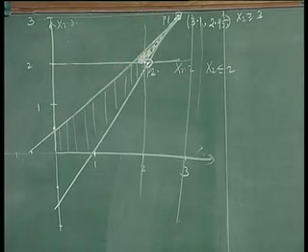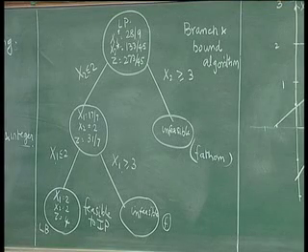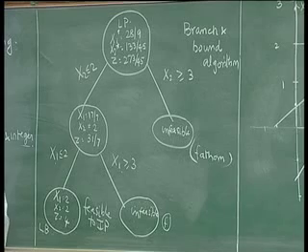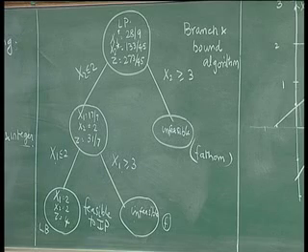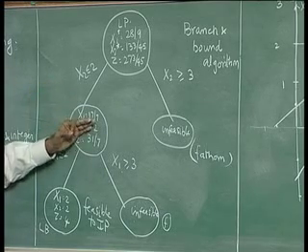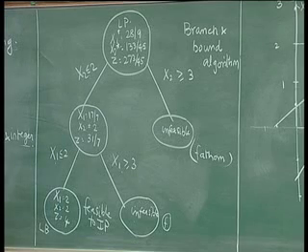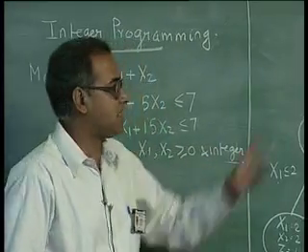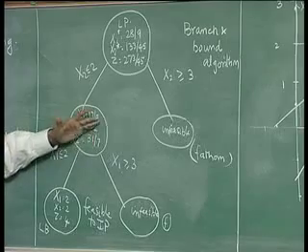So every time you branch, you leave out a portion of the feasible region, and if the IP has an optimum, you will reach it in a finite number of iterations, but there is no way to guarantee what that finite number is. It can be a very large number of iterations, but it does converge in a finite number.